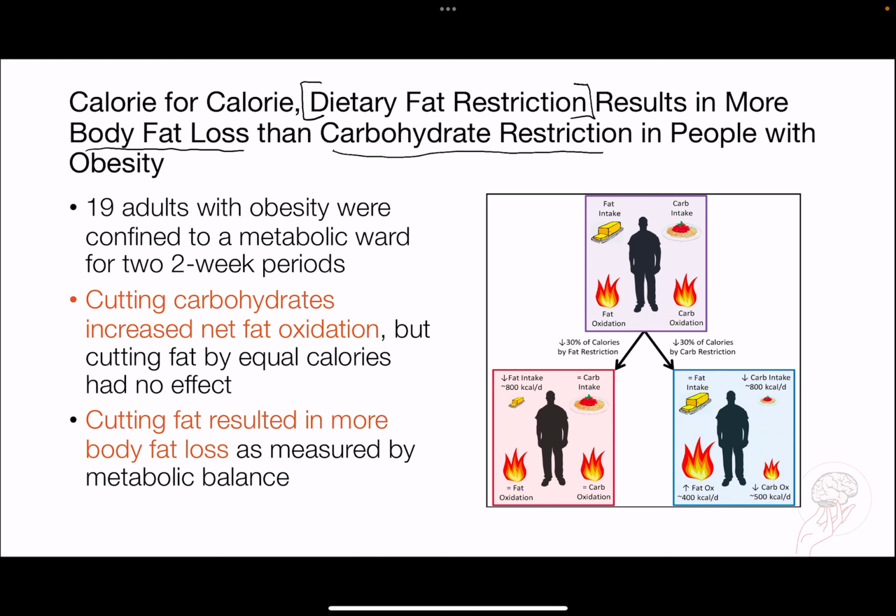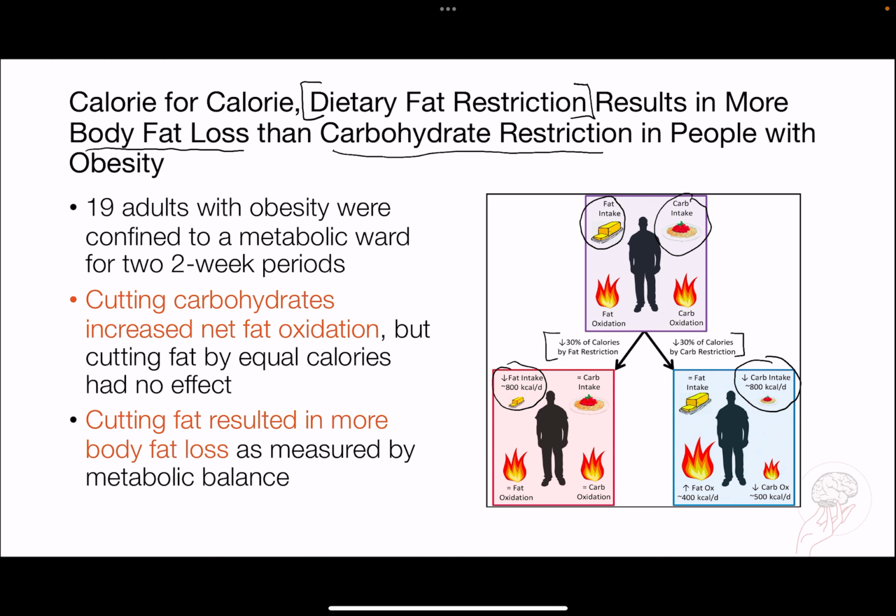And how he tested this, he gave 19 adults either a high fat diet or a low fat diet, restricted calories by 30%, or he restricted carb intake. So decrease of calories from carbohydrates. So decrease fat, decrease carbohydrate.